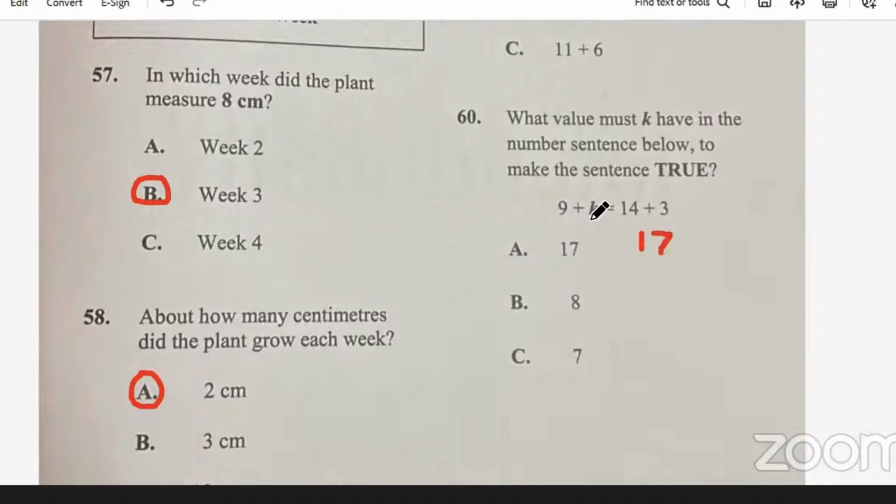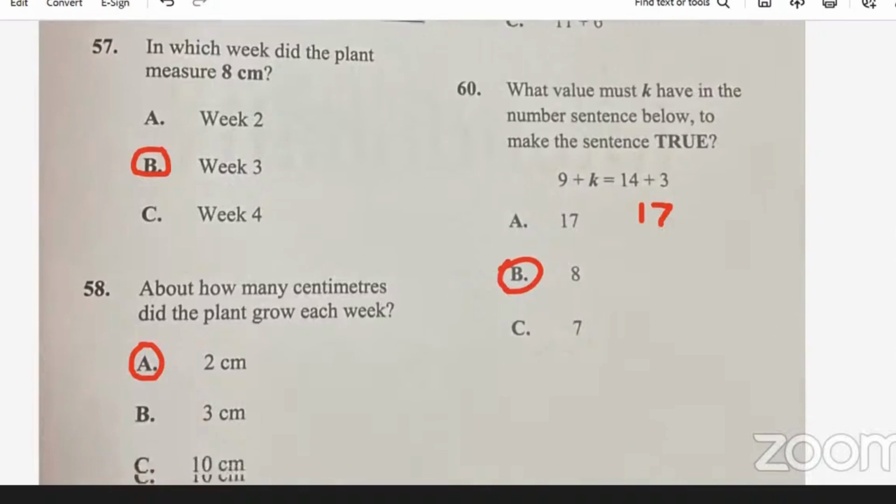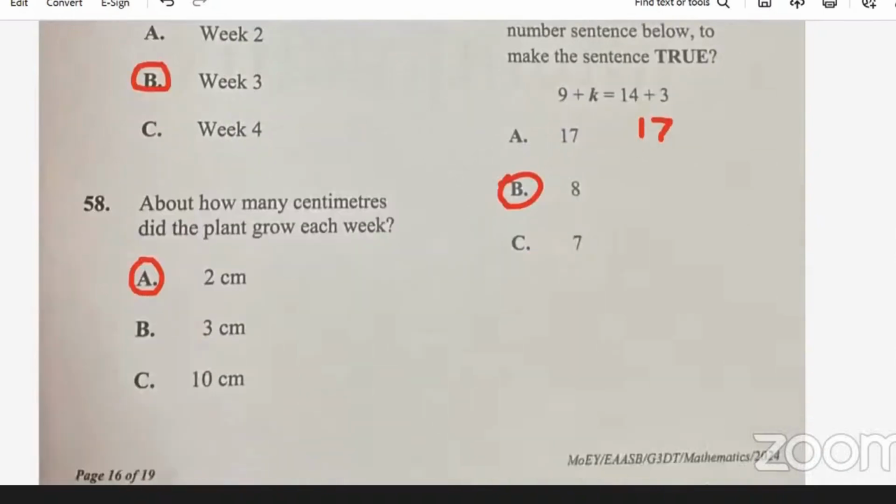So 9 plus what gives us 17? That's what we're trying to find. 9 plus what number would make this side also 17? 9 plus 8 is 17. Okay, so that takes care of the 60 questions on the paper.